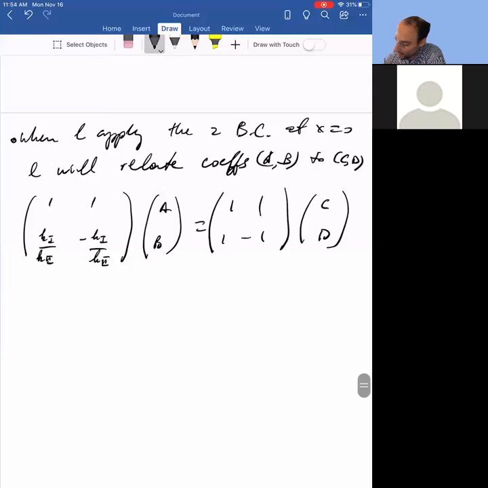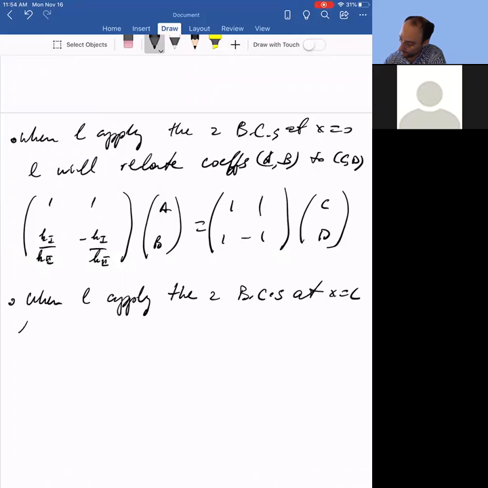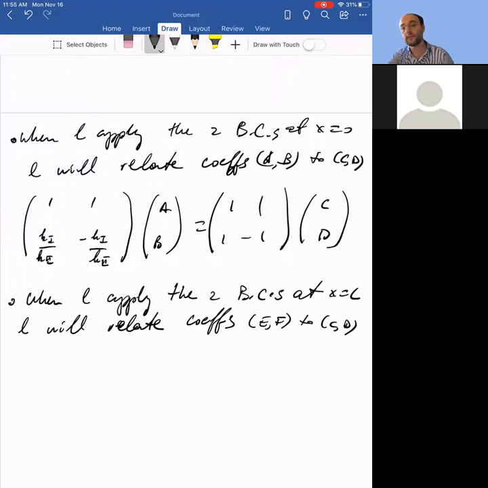And you can guess that when I apply the smoothness and continuity conditions at x equals L, I will relate the coefficients E and F to C and D. For completeness, let me just state these equations, just for honesty.